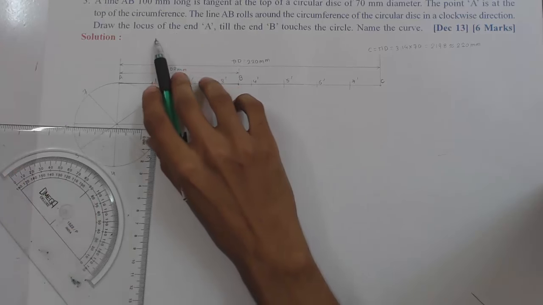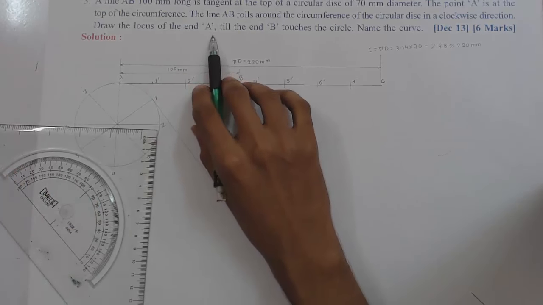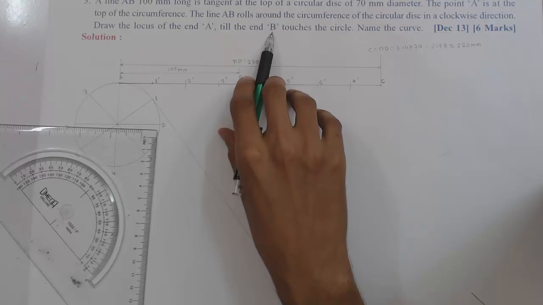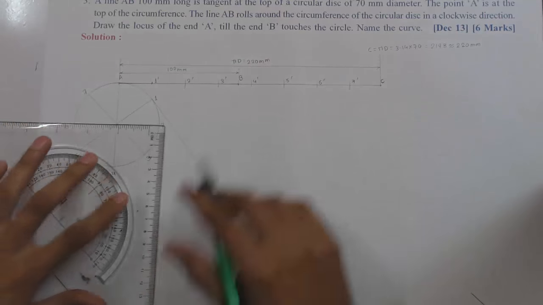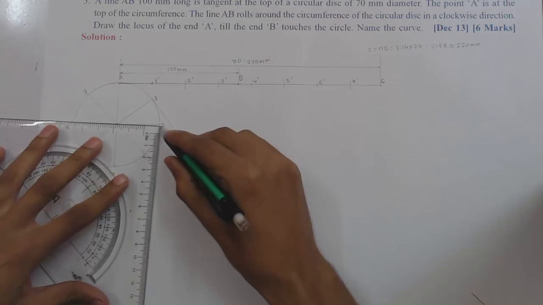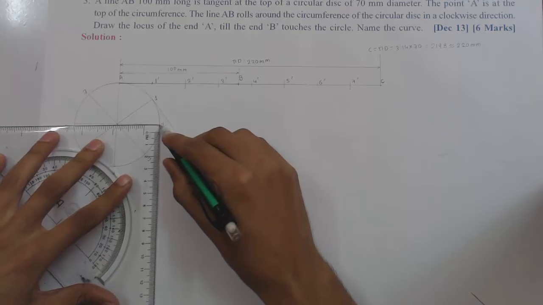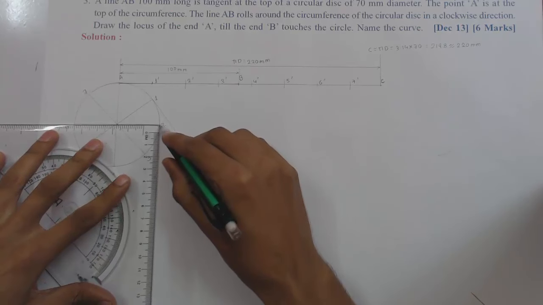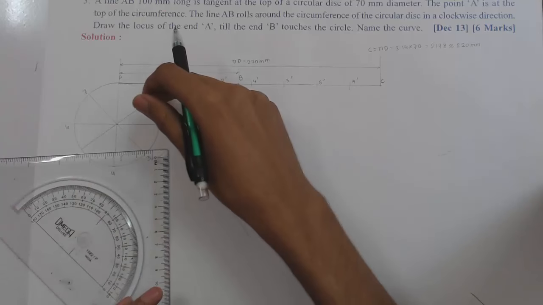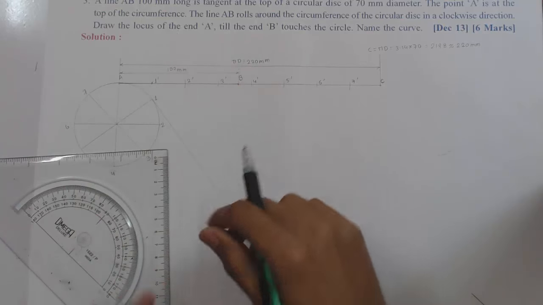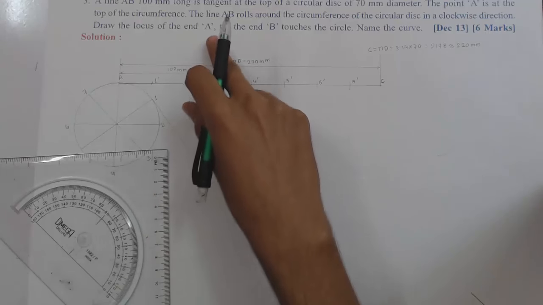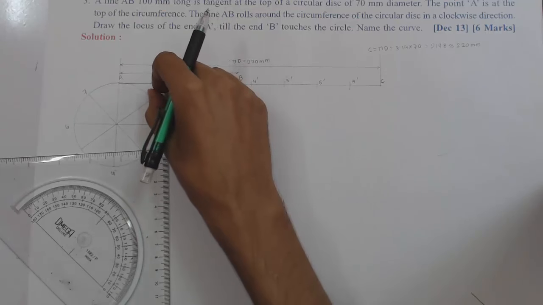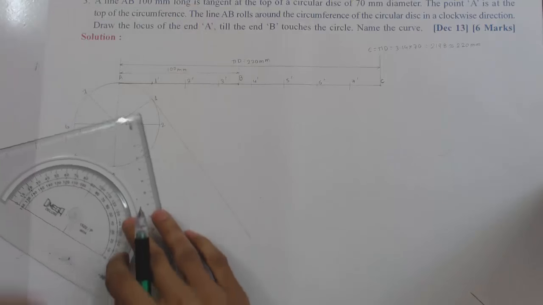Now here it is asked to draw the locus of point A only. We need not draw the end of this curve for B, because without marking B, I can draw the locus of A. But here I have produced that tangent on this side, but after rotation on this side I am going to get point B. But I want to trace the locus of A, so I should produce that tangent on this side also.